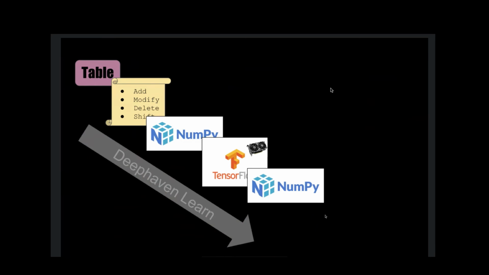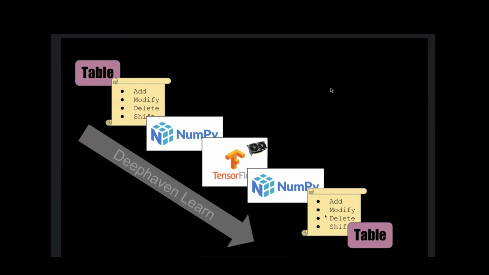Then TensorFlow itself may output its own NumPy arrays containing results. We could use those NumPy arrays to create change events, and then that could update a new table. And so this is kind of how to think about Deephaven Learn.